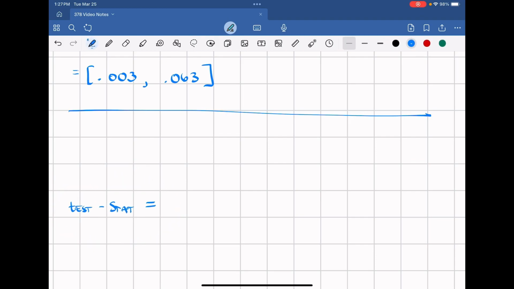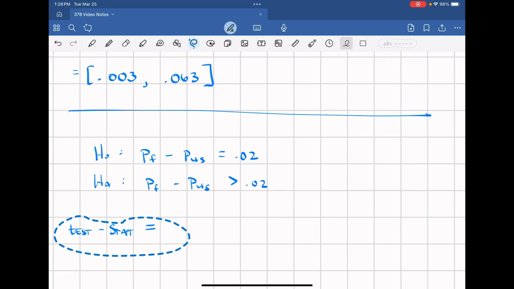Our null hypothesis is that PF minus PUS is equal to 0.02. Our alternative hypothesis is that PF minus PUS is greater than 0.02.